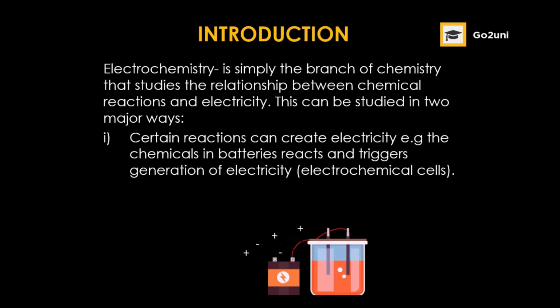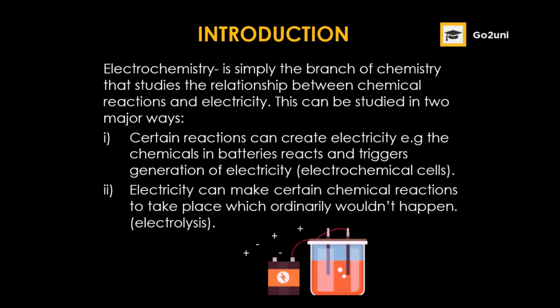place. The second way in which the link between electricity and chemistry is studied is that aspect in which there are chemical reactions that need electricity to take place. That is to say, without the presence of electricity, these reactions don't take place.